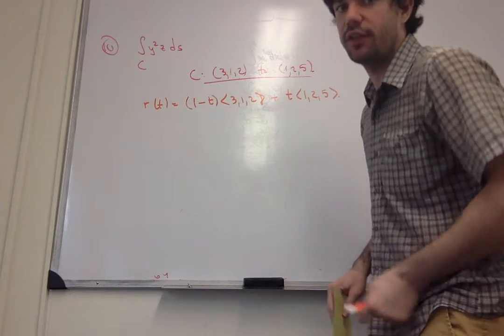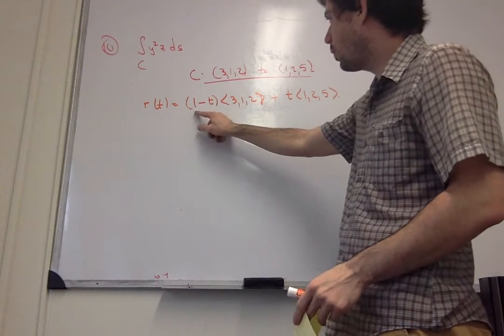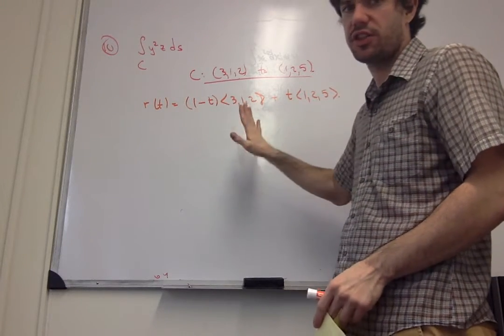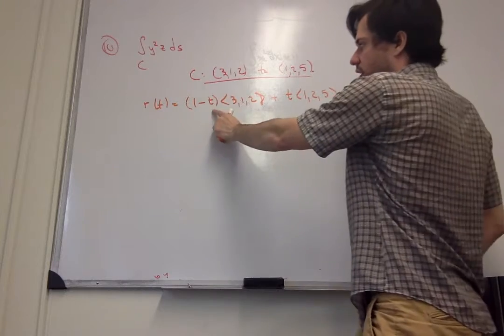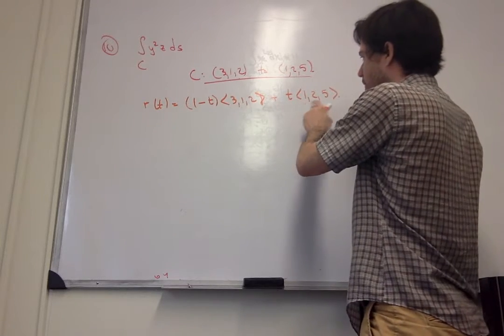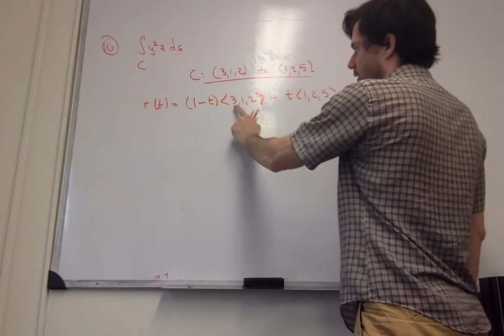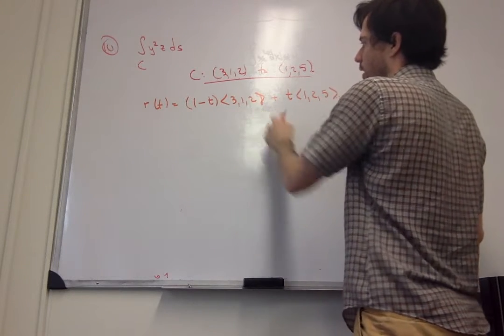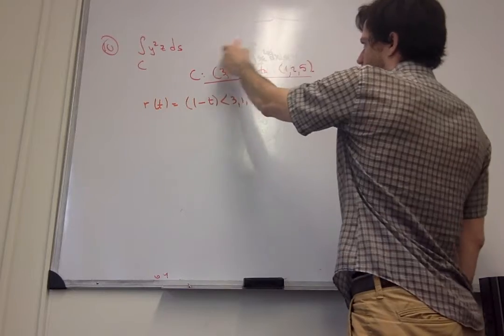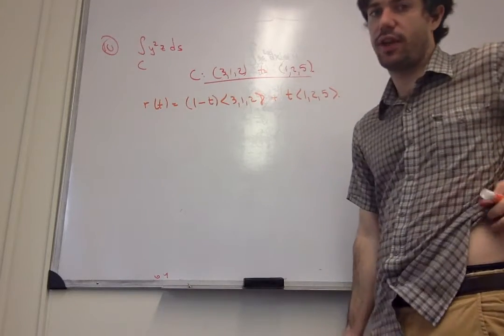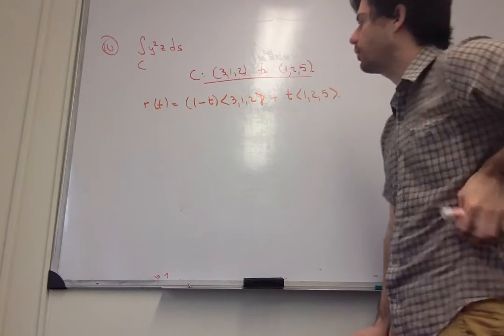Sorry, video went out there for a second. Look at the t(3, 1, 2) and the t(1, 2, 5). I'm really taking (1, 2, 5) minus (3, 1, 2), so that's final minus initial. That's a direction vector.